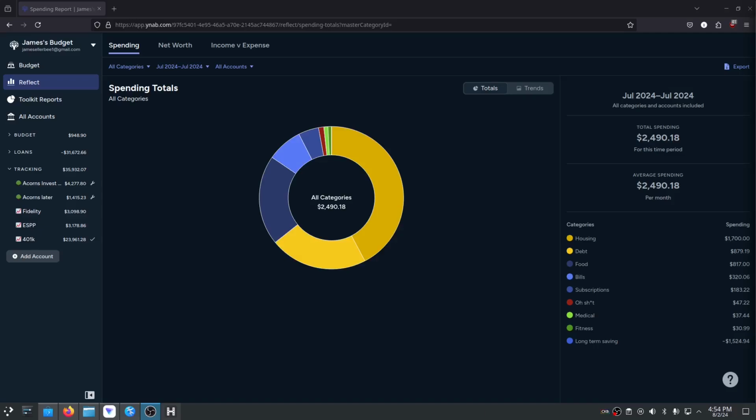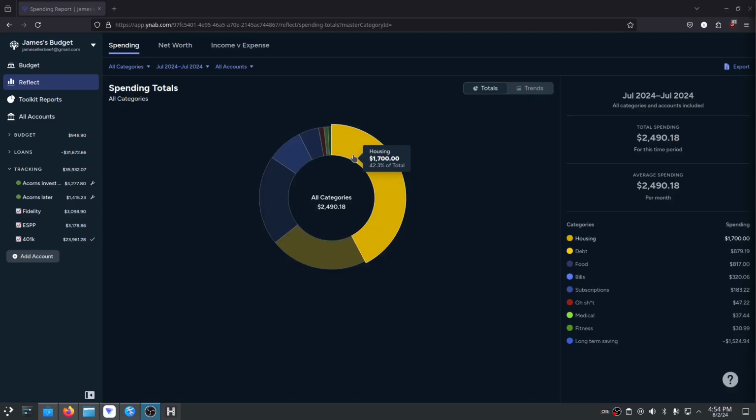I want this video to be diving into July's data. So without further ado, I'm showing off the YNAB Reflect tab. This one I have opened is the spending pie chart, each category as a percentage of the other categories. I personally do not like this one because the categories are in relation to each other.